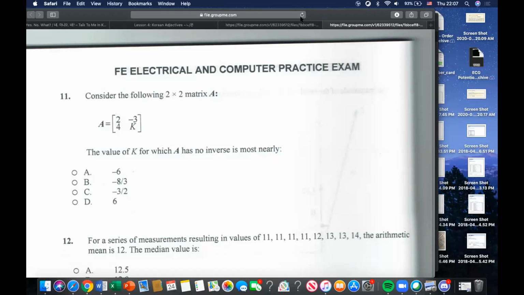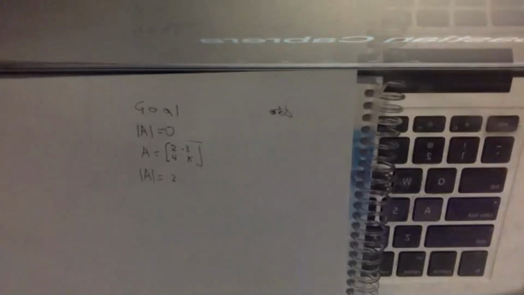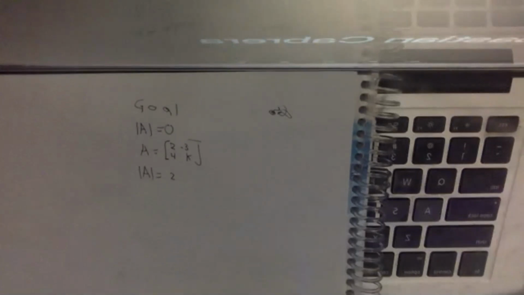So determinant of A is going to equal... Hey, Justin, I can't see your screen if you're presenting. I can't see what you're writing. It's like you're on a small view or something. I think that's better. Yeah, that's better.